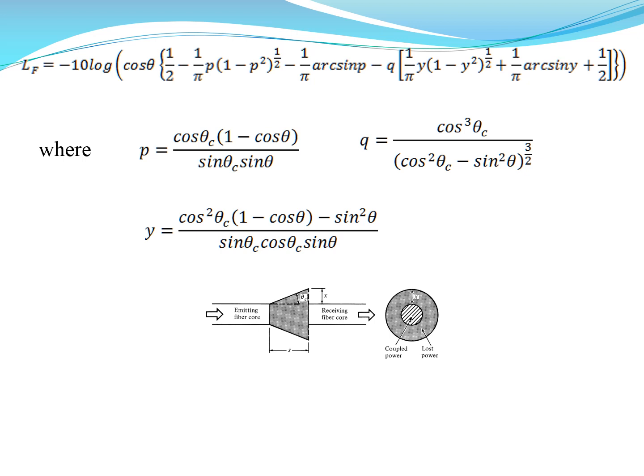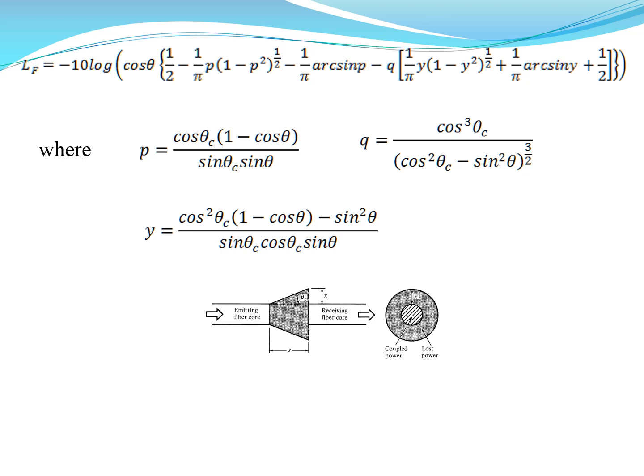So in this case we are considering the angular misalignment. If the angular misalignment is considered, then the fiber loss is different. If the axial misalignment is considered, the fiber loss is different. And if the longitudinal separation is considered, the fiber loss is different. So this is how we determine the total power in the optical fiber and the losses which may occur due to the variation in the alignment.